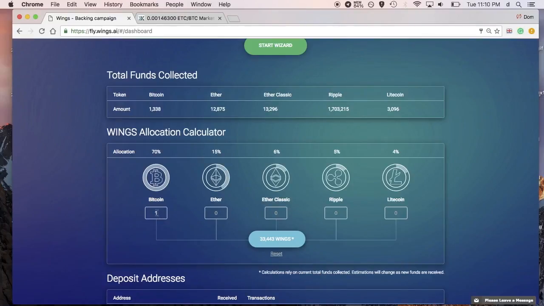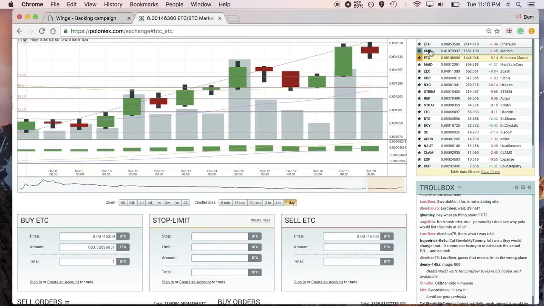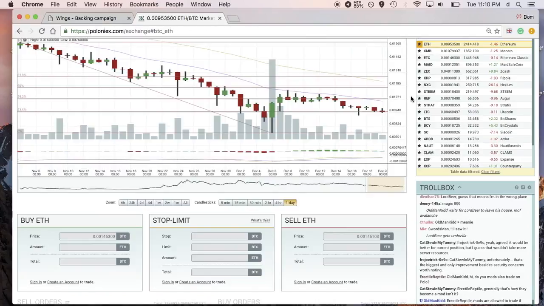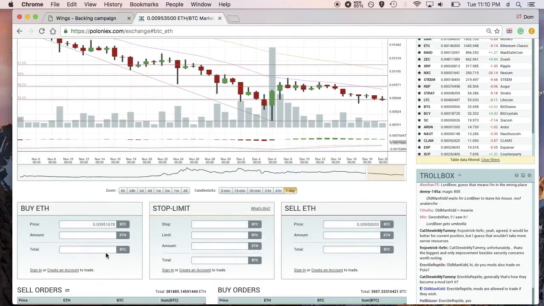And so, for example, we're going to start here with this 1 Bitcoin, right? So that's 33,000 Wings, and I'm going to go to our favorite exchange here, Poloniex, and click on ETH, and we got ETH here, and I'm going to just put in 1 BTC right there.